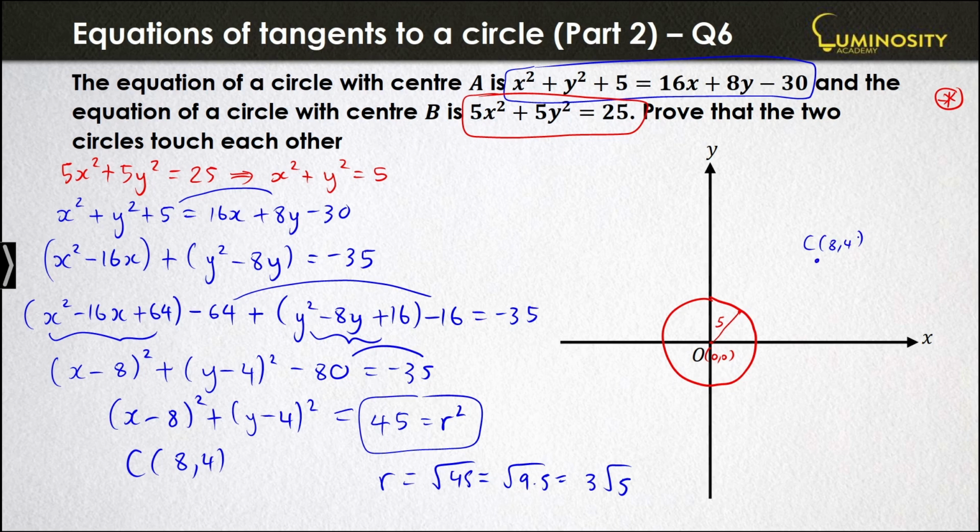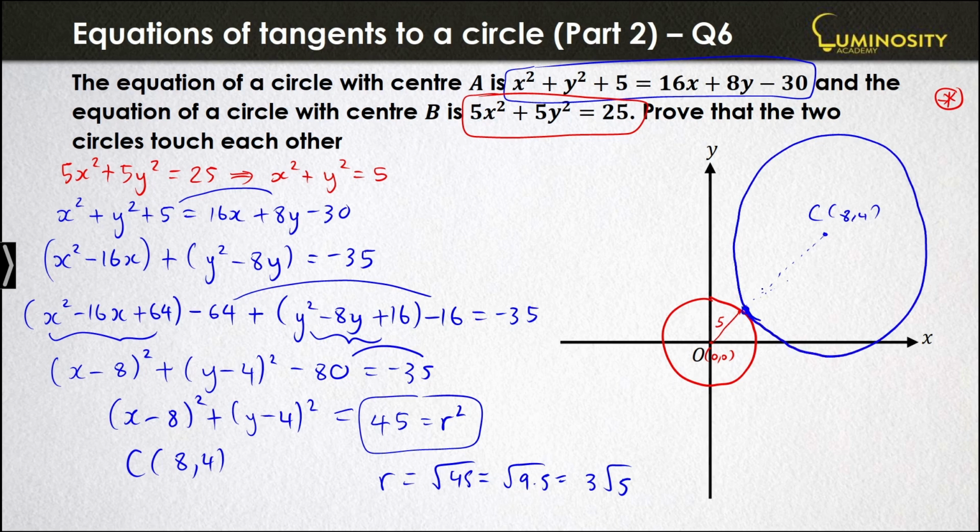And now we want to prove that the circles touch each other. So essentially, if I look at the radius of C, let me just adjust this so that it's going to hopefully be in line here. So there's the point C now. It was given as 8, 4. So if I draw the circle, the goal is to see that it only touches at one point.